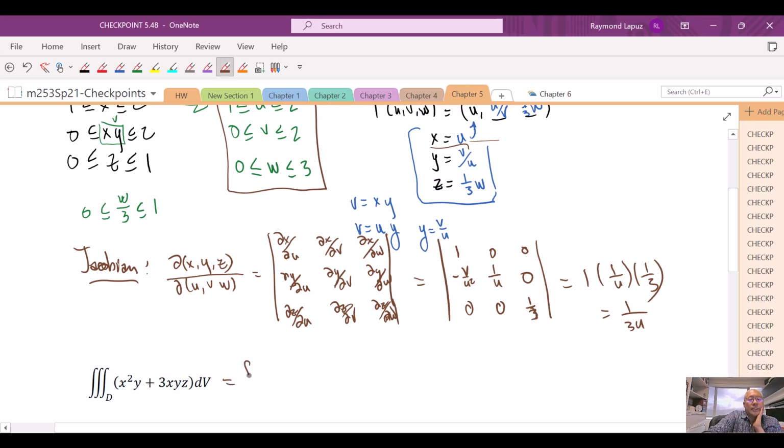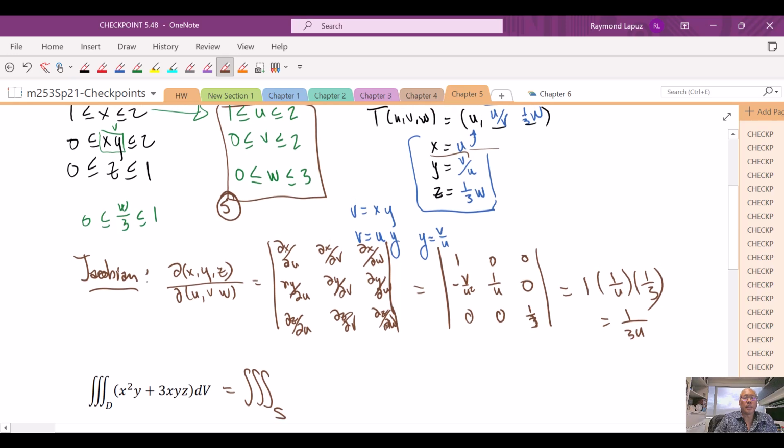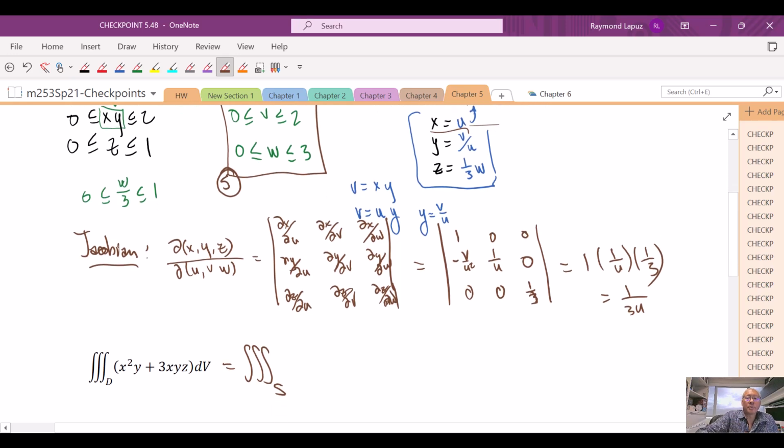So our integrand will be integrating over a new solid with u, v, and w. And now let's see what happens in here.